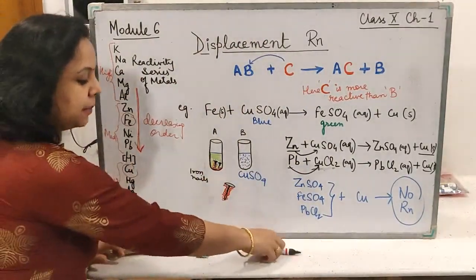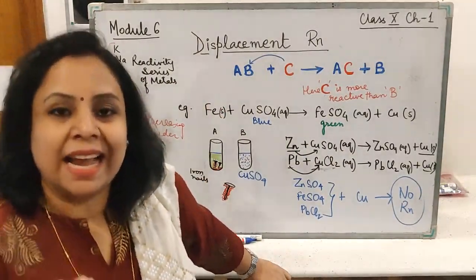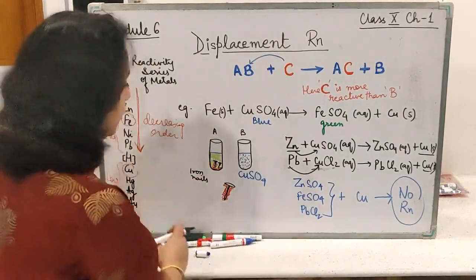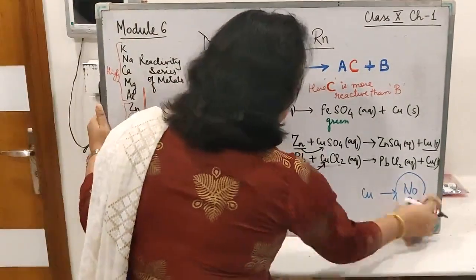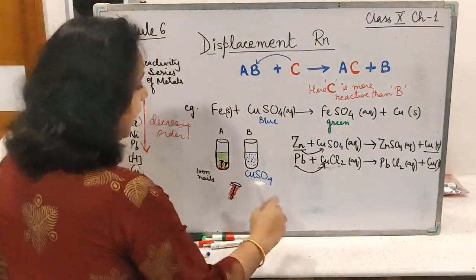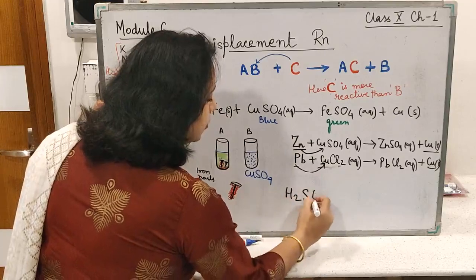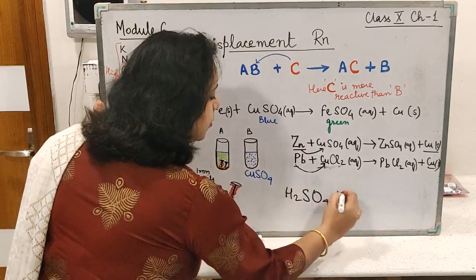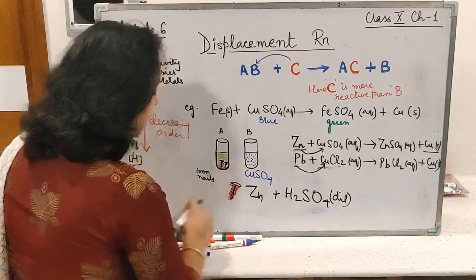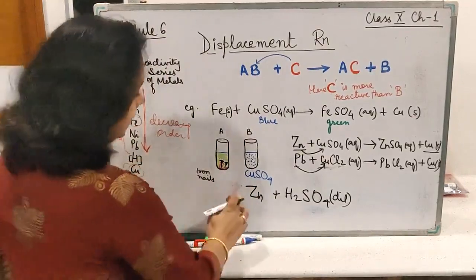A similar reaction also occurs when we add active metals to dilute acids. For example, if I take dilute H2SO4 and I react it with some zinc, what is going to happen?